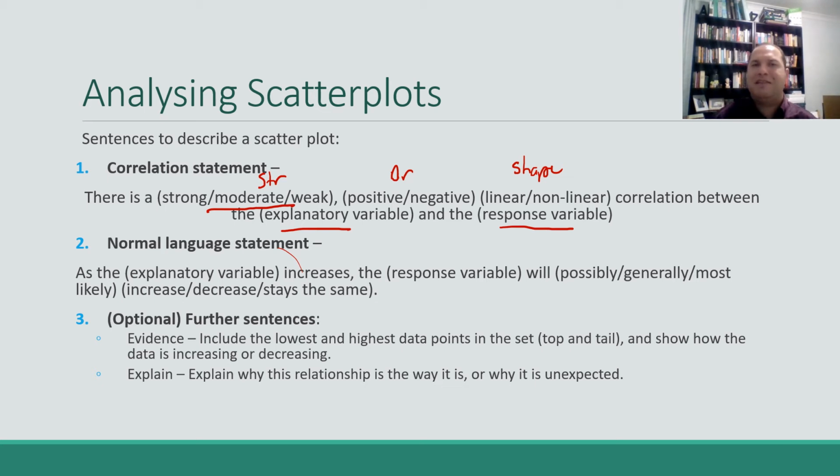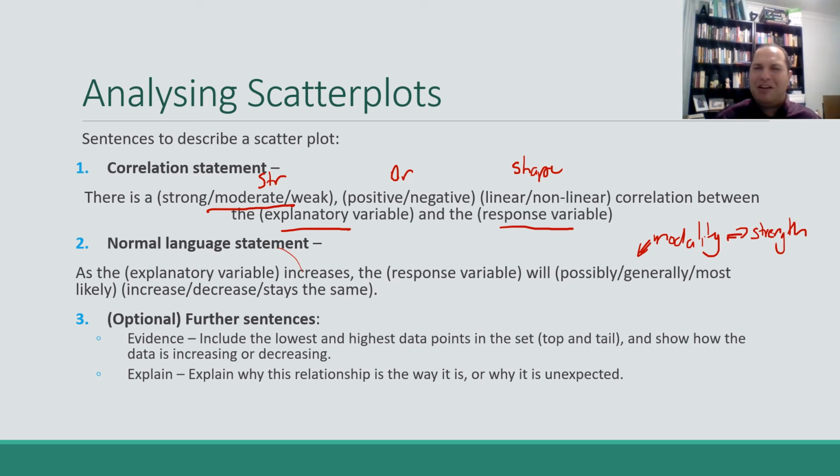After that, we're just going to translate that into a normal sentence. So as the explanatory variable increases, the response variable will, then you can here use some modality. Okay, and this modality, your certainty or your strength of what you're saying, relates to the strength of your correlation. So if you've got a strong correlation, you could say it will increase or it will decrease.